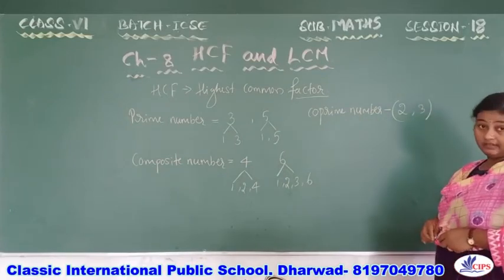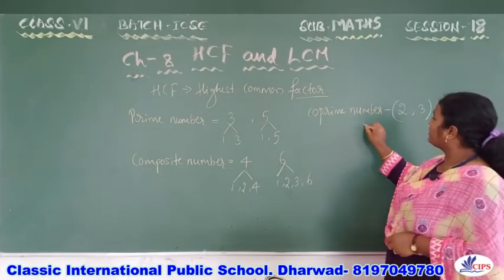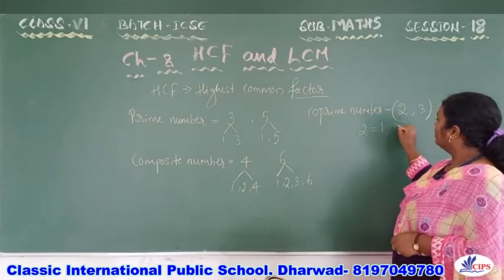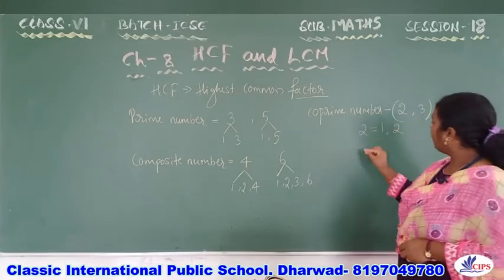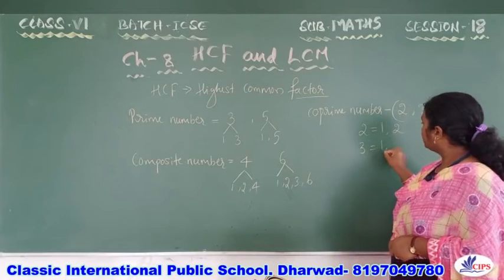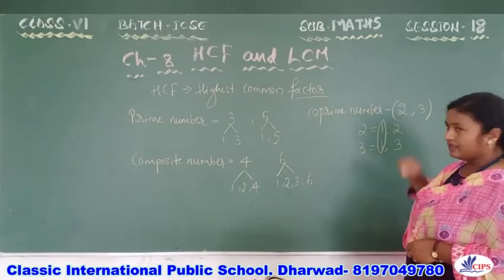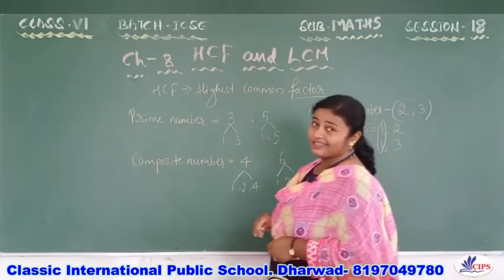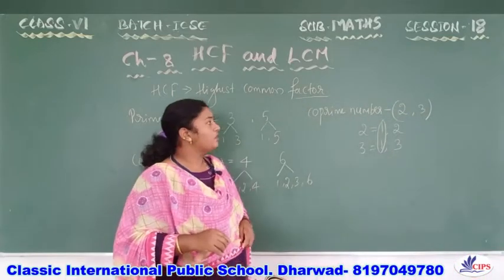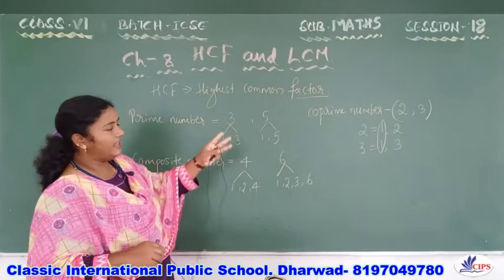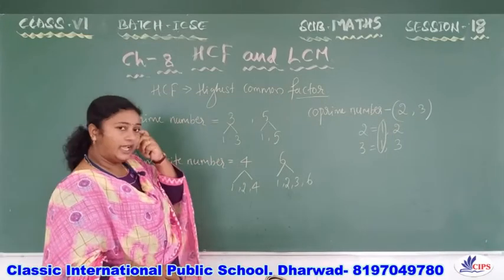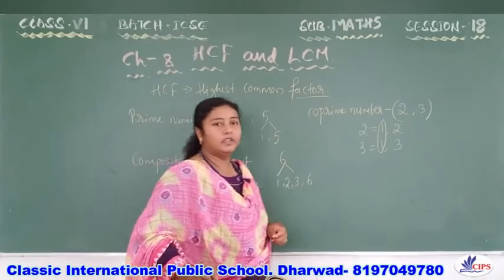The factors of 2 are 1, 2, and the factors of 3 are 1, 3. So the common factor we got is only 1. These types of numbers are called co-prime numbers. These are all the things you are going to learn in HCF and LCM.